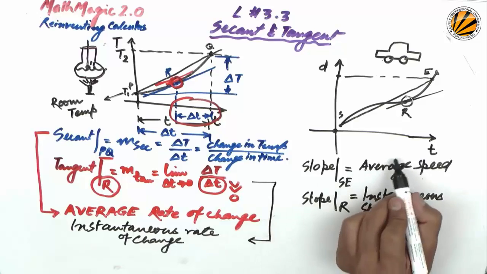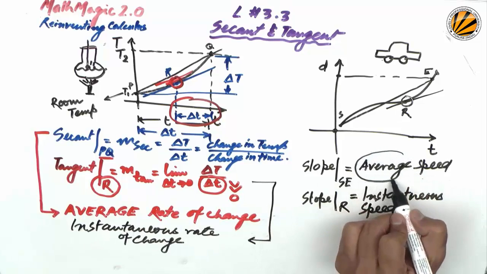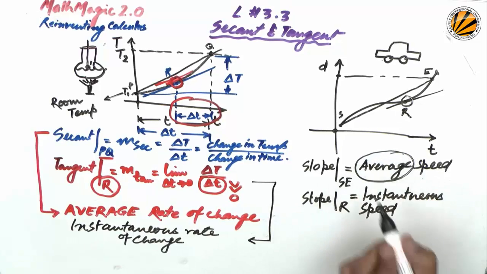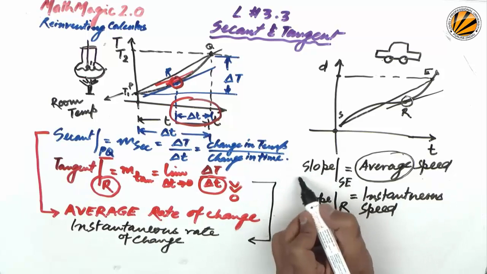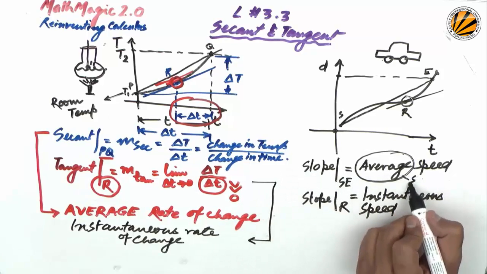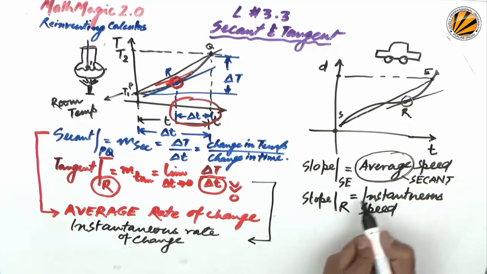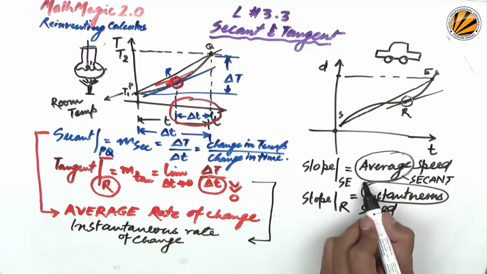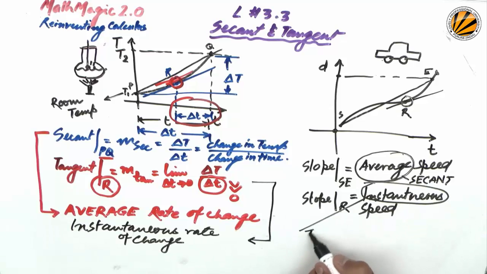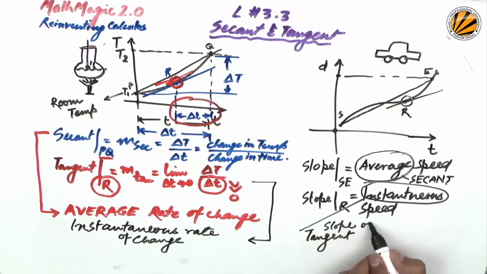So when we want to look at the average rate of change, we go for the slope of the secant. This is the secant approach. But whenever we want the instantaneous approach, we always go for the slope of the tangent at that point.